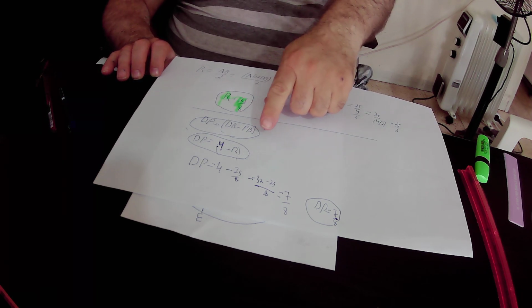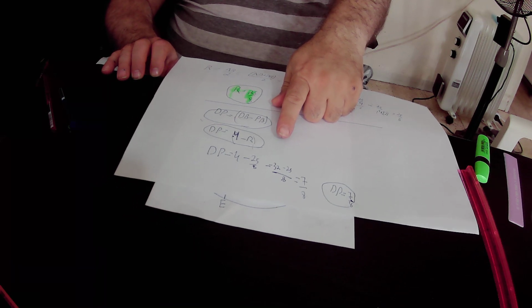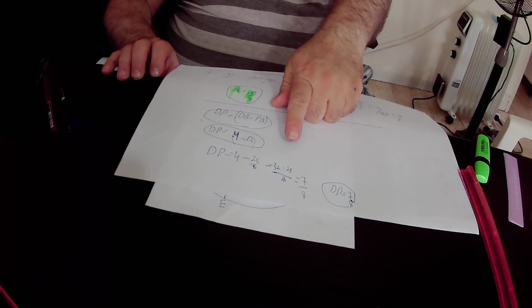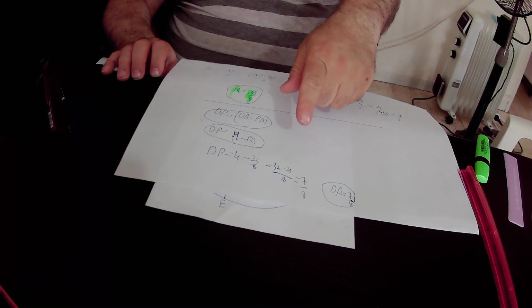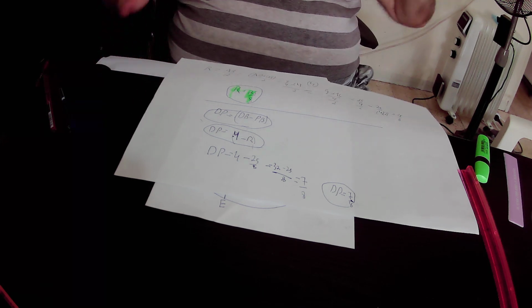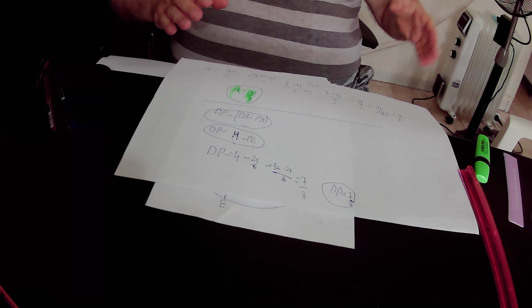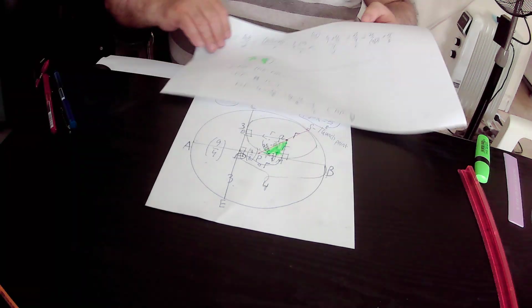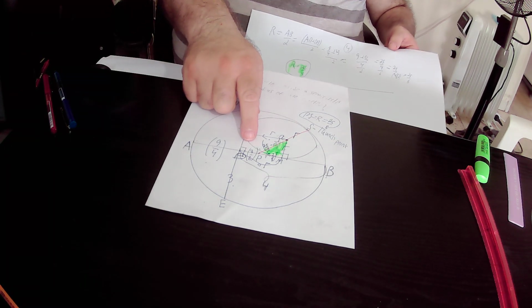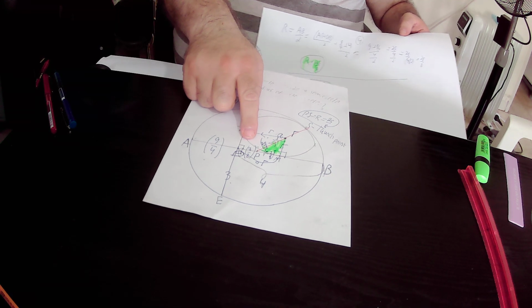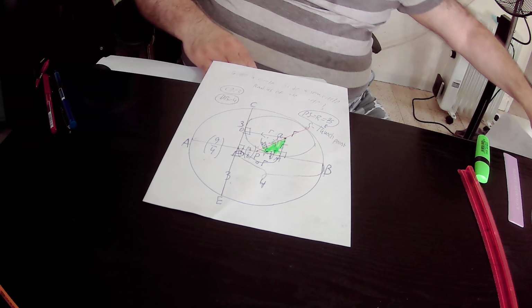So here 4 times 8 is 32. In the numerator we have 32 minus 25, that is 7. In the denominator we have 8. So in conclusion we found out that the short line segment dP equals 7/8 units. Okay?